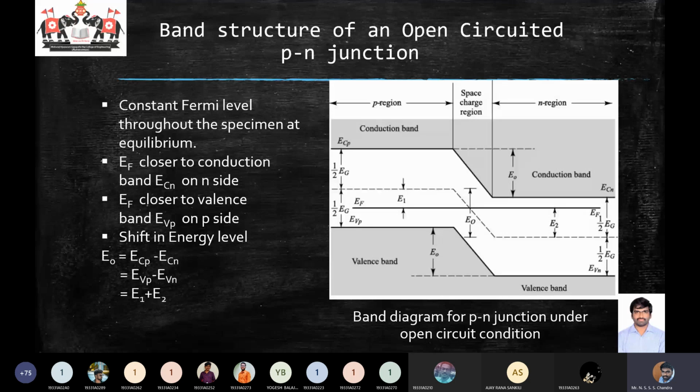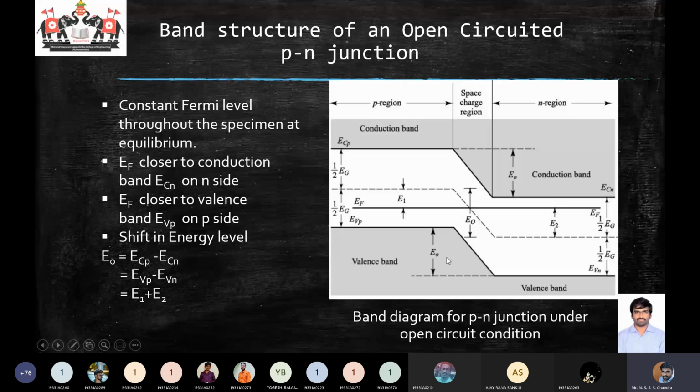From the conduction band or the valence band of the diagram, we can write E naught as ECP minus ECN, because ECP is here, ECN is here, and in between you have this E naught. So I can write it as the difference between ECP and ECN.